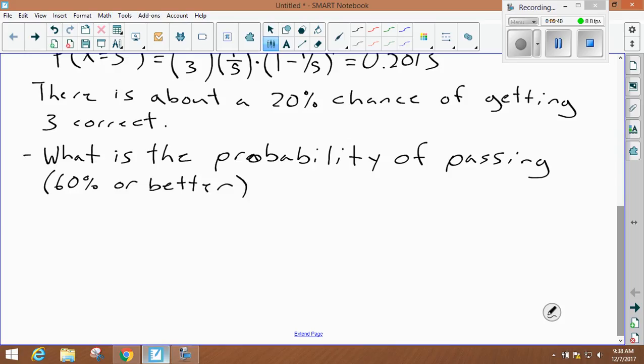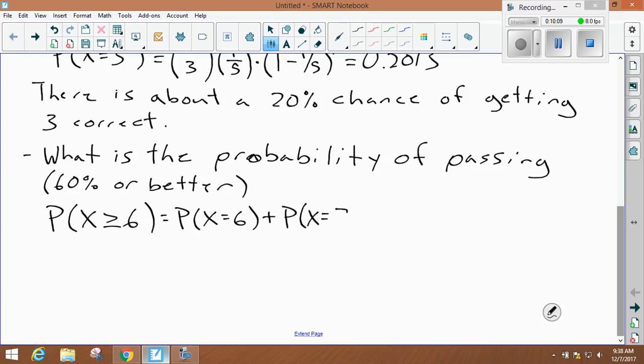Which is going to be the probability that our random variable x is greater than or equal to 6, right? So that's going to be equal to the probability of x equals 6 plus the probability of x equals 7 plus all the way up to the probability of x equals 10, right? That's really what's going on.